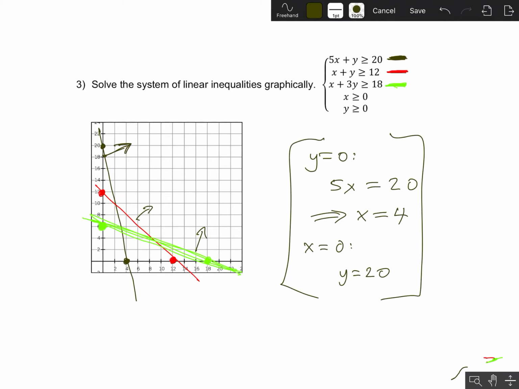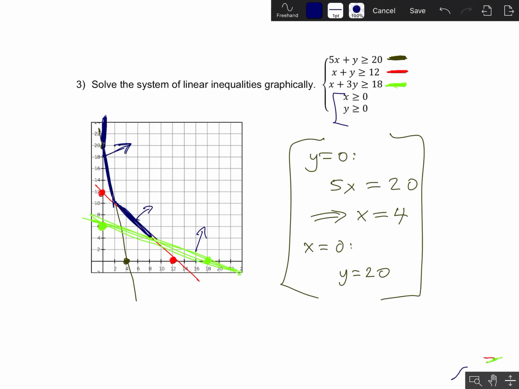And lastly, because we're looking at a system of linear inequalities, what we really want is the intersection of all of these regions. And remember that we had two other inequalities that we talked about at the very beginning. Those just say that you need to remain in the first quadrant. So if I draw the boundary of the solution set for the system, the boundary would be the y-axis, because we have to keep an x value that's bigger than or equal to 0.